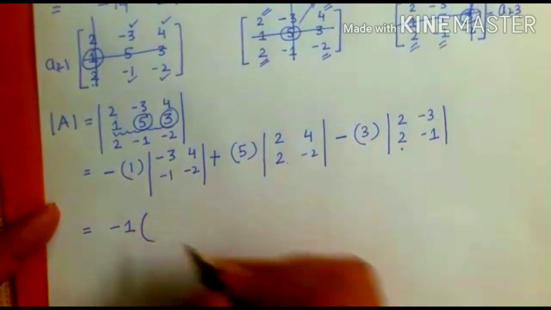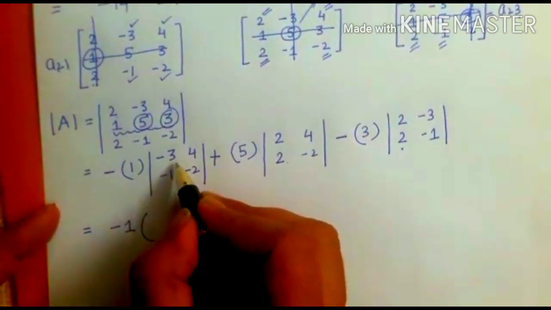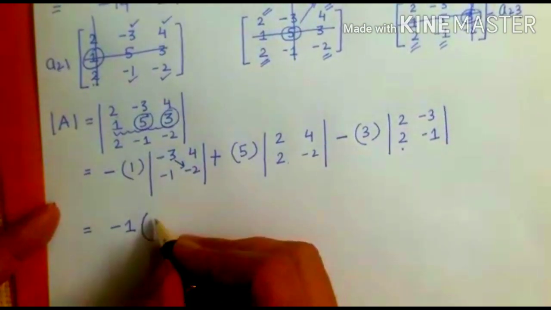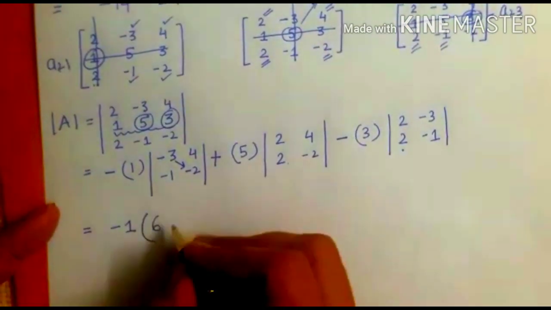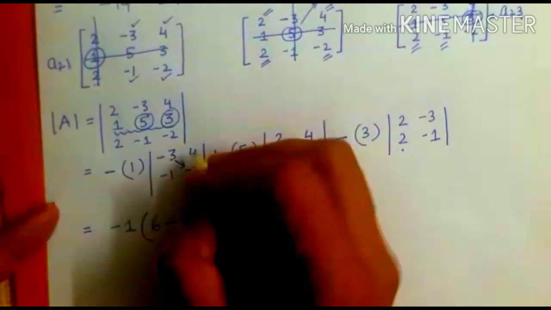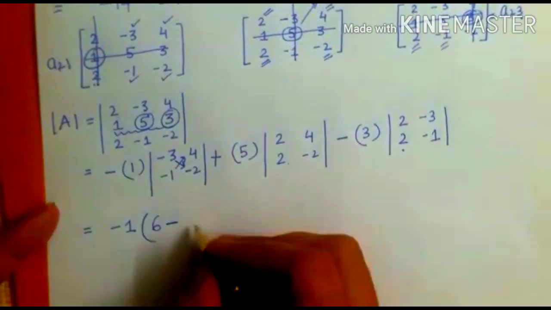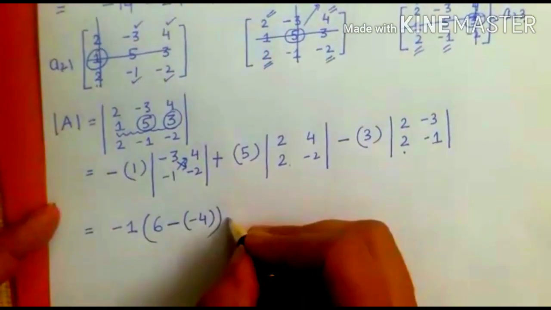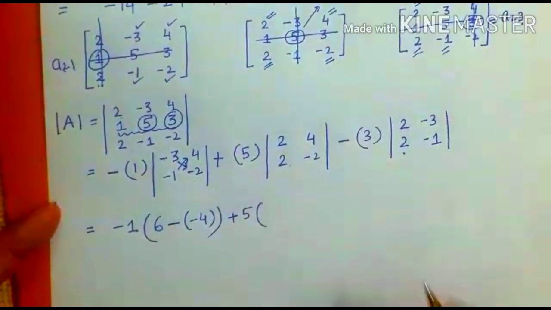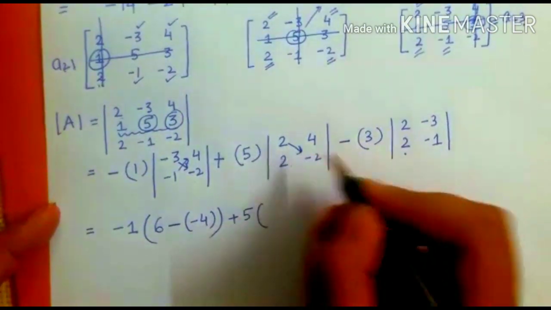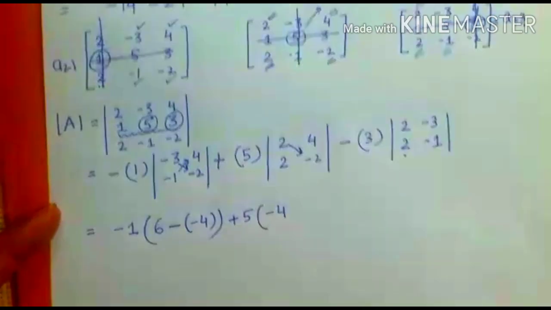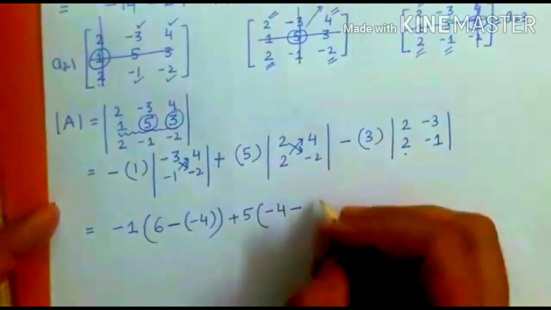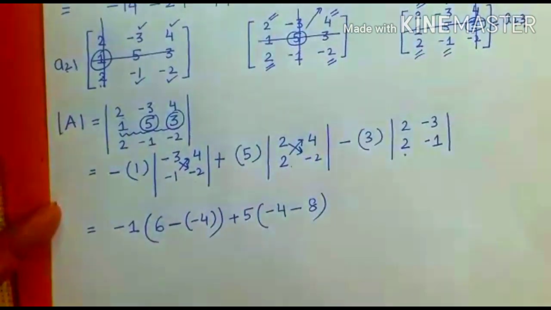So evaluate them as product of these two. Minus 3 into minus 2 will give you 6. From this subtract the product of these two, which is negative of 4. Then plus 5. 2 into minus 2 will give you minus 4. From this subtract the product of these two, which is 8.